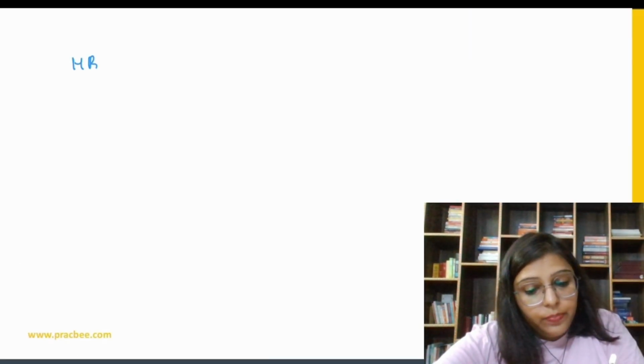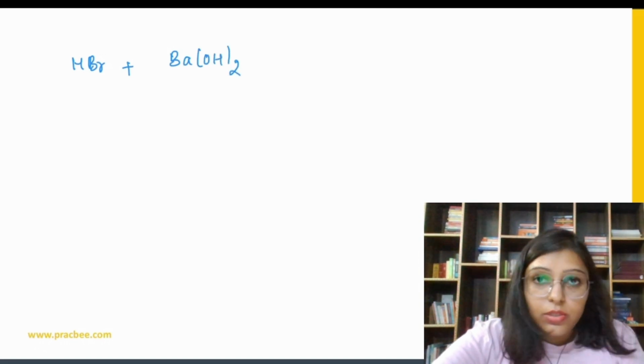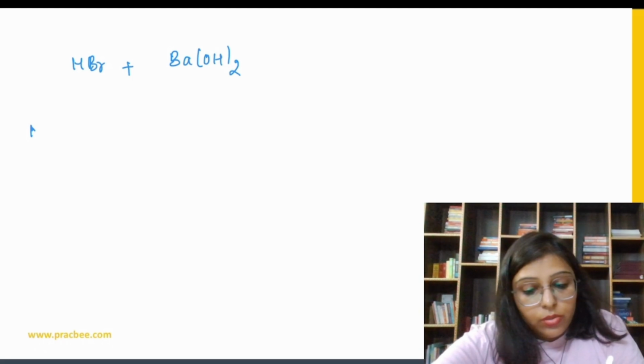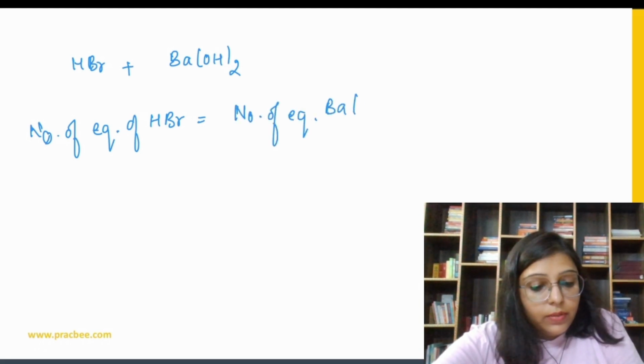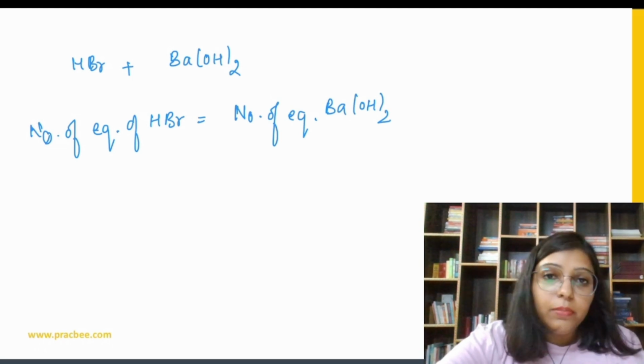So HBr plus barium hydroxide. For the equivalent concept, there is no need to balance the chemical equation. So here, the number of equivalents of HBr is equal to the number of equivalents of barium hydroxide. Now, how to calculate the number of equivalents?